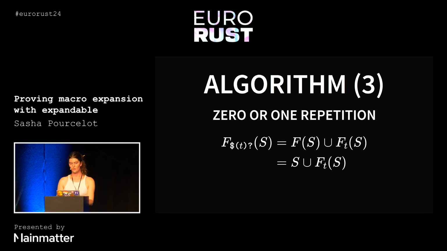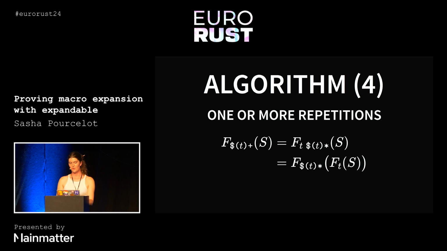With the definition of capital F, we can define what happens when we are parsing 0 or 1 repetition. Intuitively, parsing 0 or 1 repetition means either parsing nothing or parsing one repetition of the said repetition. And using the identity rule, we can further simplify this expression. This means we know how to parse 0 or more repetitions of something. The next step is to define how to parse 1 or more repetitions.